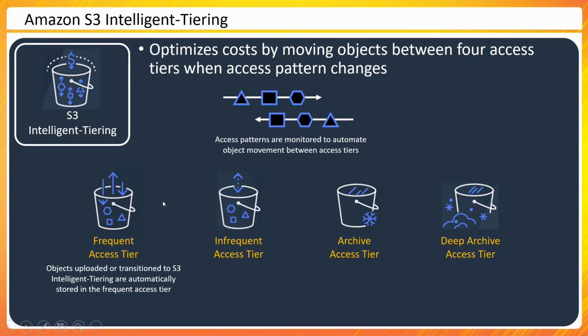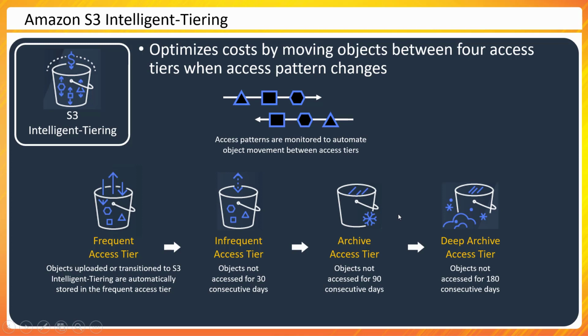If that object is not accessed for 30 consecutive days, it would go into the infrequent access tier. If my data is not accessed for 90 days, it can go to the archive access tier, and even after 180 days, if nobody has used it, it would go into the deep archive access tier. This is purely based on access date, not based on creation date.